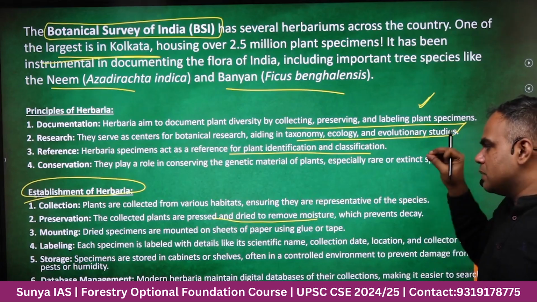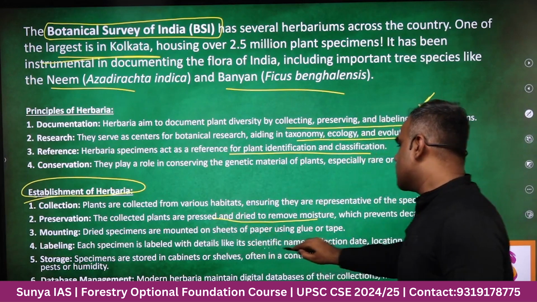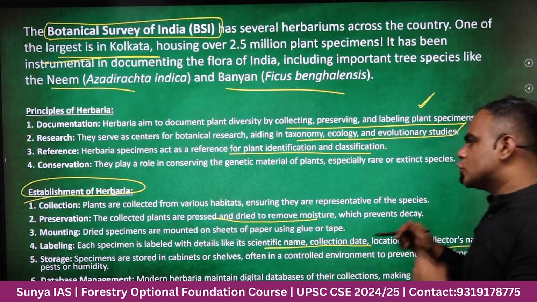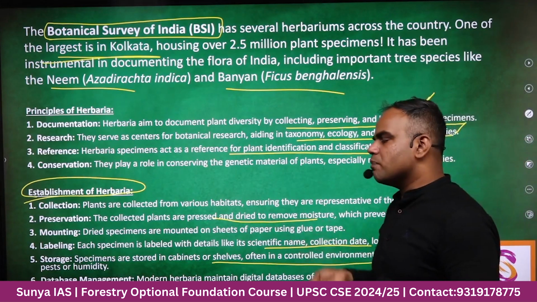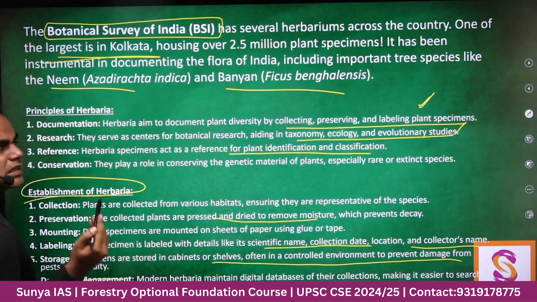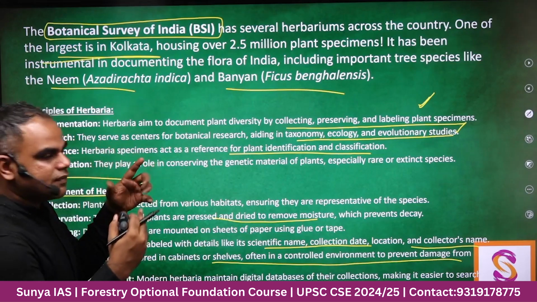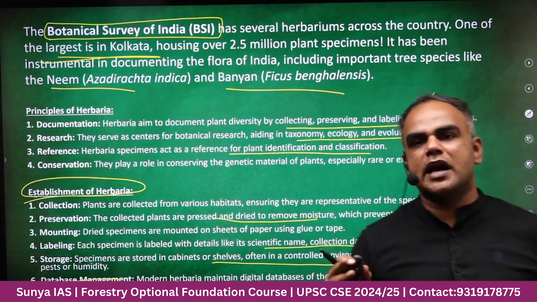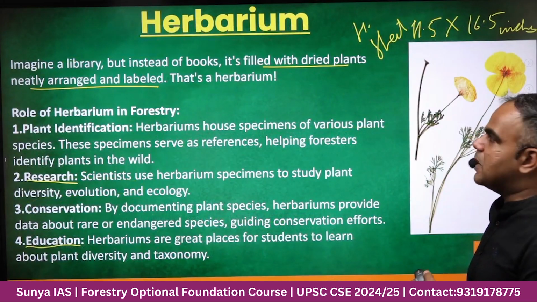Mounting: they are properly mounted on sheets of paper with glue or tape. Labeling is done: scientific name, collection date, location, collector's name, all properly written. Storage in cabinets and shelves in a controlled environment to prevent damage from pests or humidity. That is why they are dried. And last is database management. We want to properly conserve them, so you want a proper database in which they are indexed and outlined, and they have to be properly stored. This is through a herbarium.